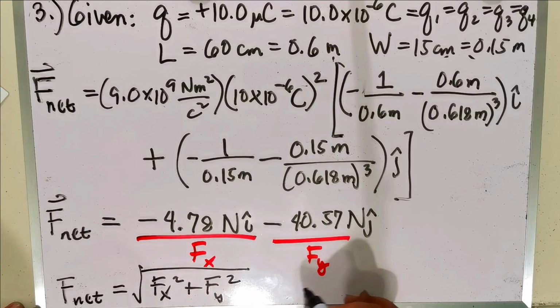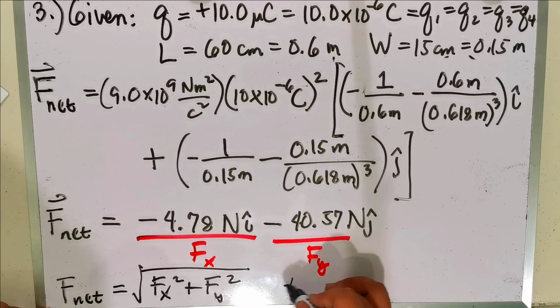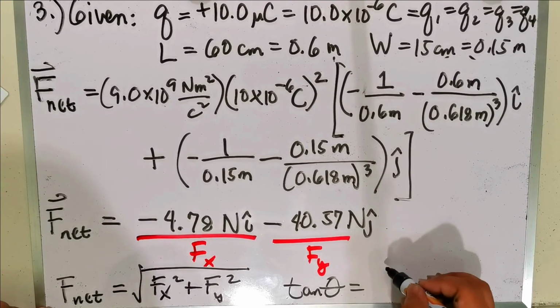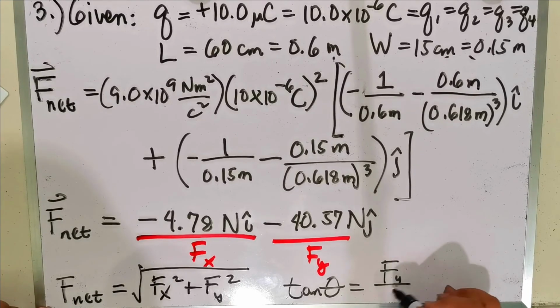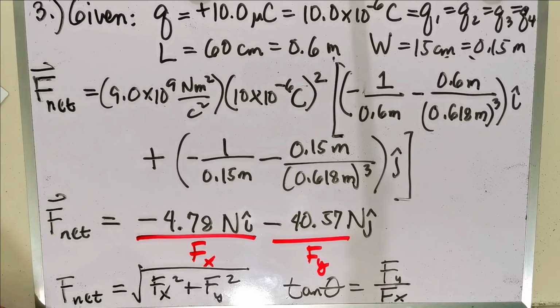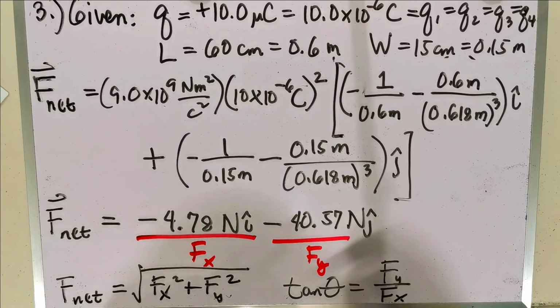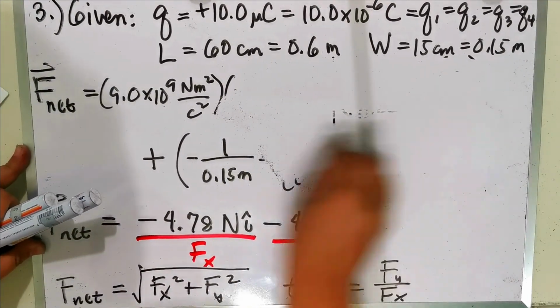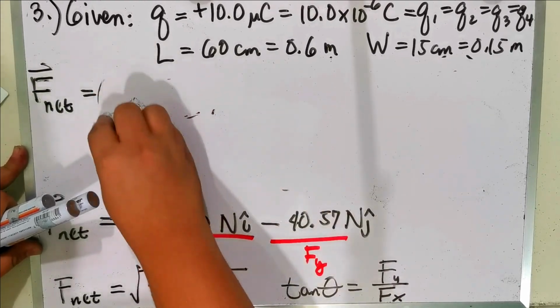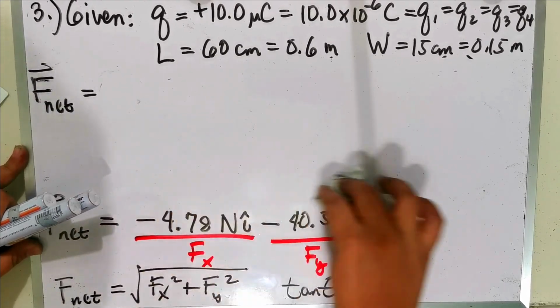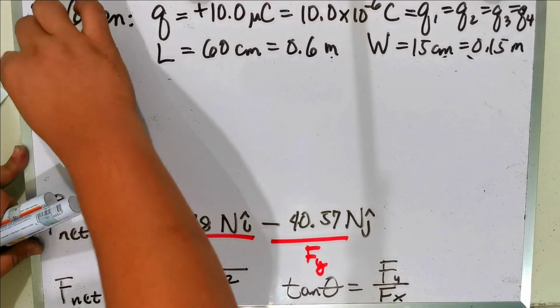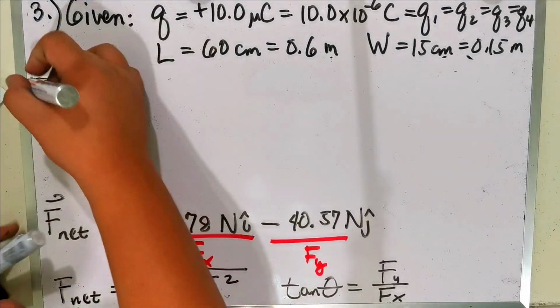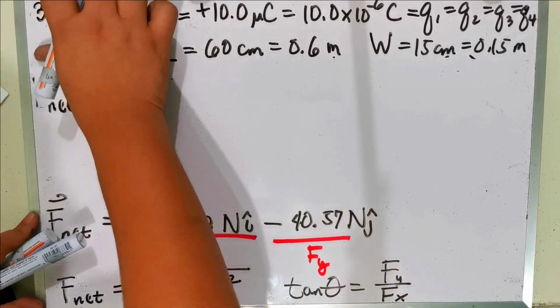And on the other hand, tangent theta would be equal to Fy over Fx. So with these two equations, the magnitude of the electric force exerted by the other three charges on the charge on the lower left of the rectangle would now be equal to this.